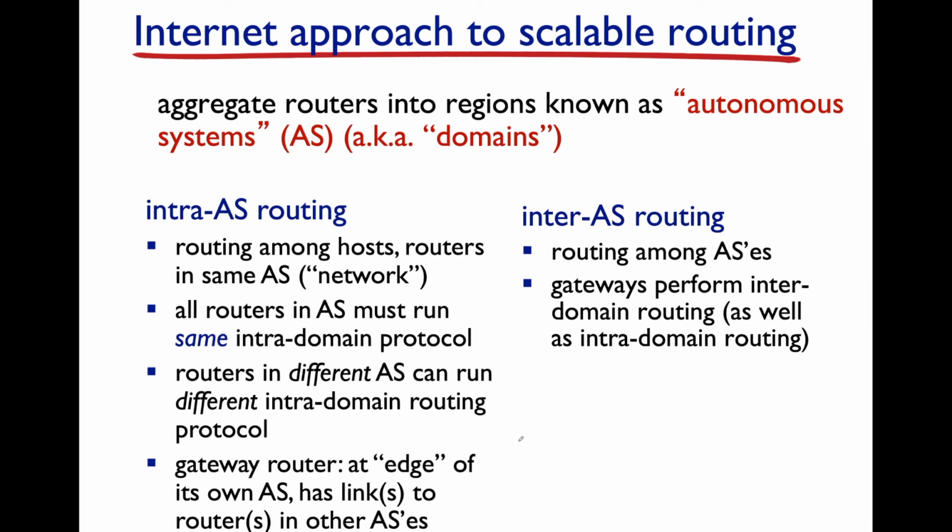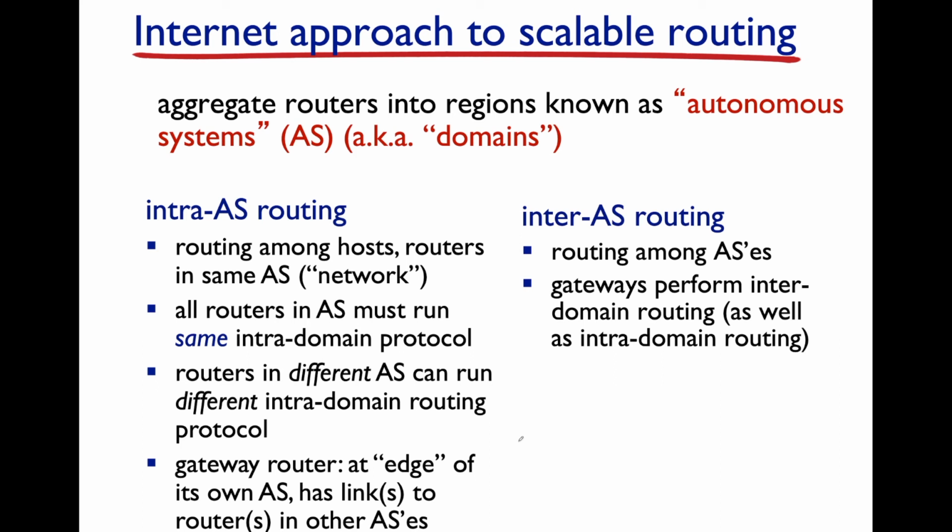There are two different types of routing protocols. One stitches together the routers in the same autonomous system, establishing the routes and running these link state or distance vector routing algorithms. That is Intra-AS routing, routing among hosts within the same autonomous system, and all the routers in a single autonomous system have to run the same intra-domain protocol.